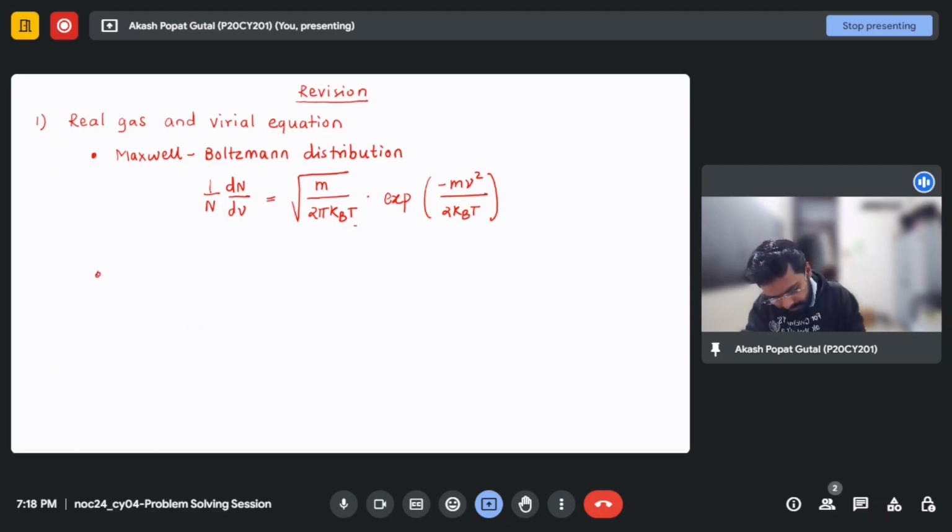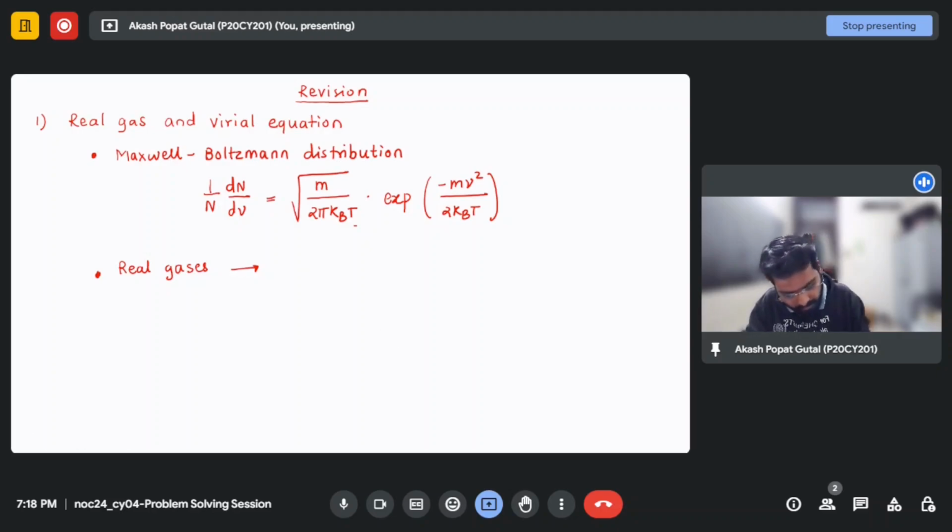And after that, we have also learned about real gases, in which we have learned how the real gas deviates from the ideal gas.